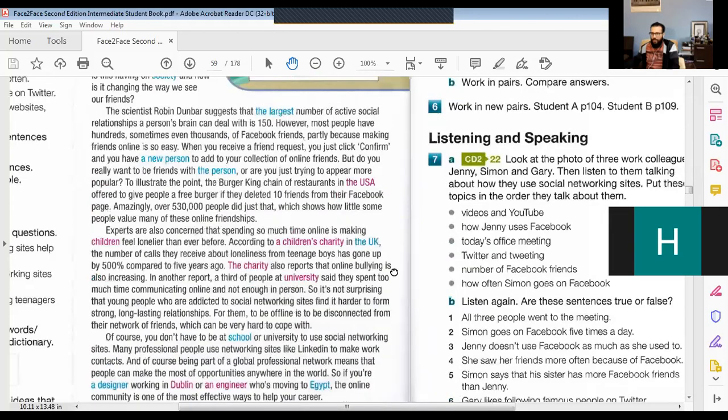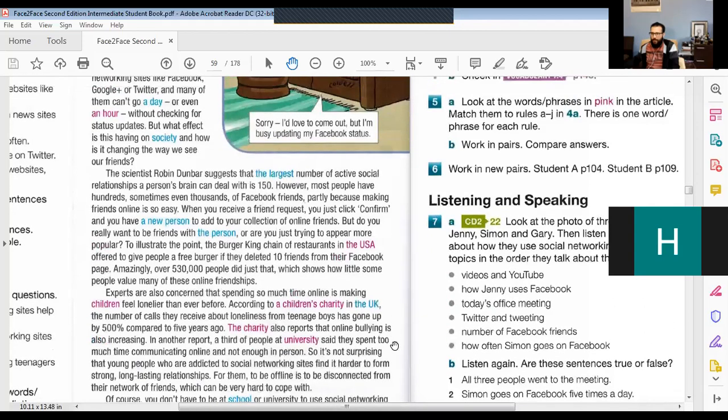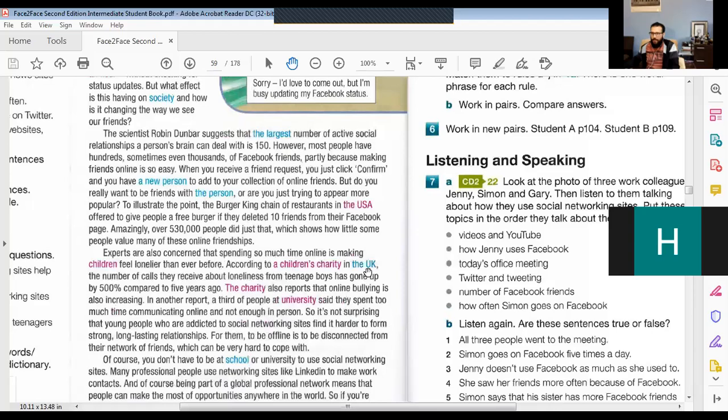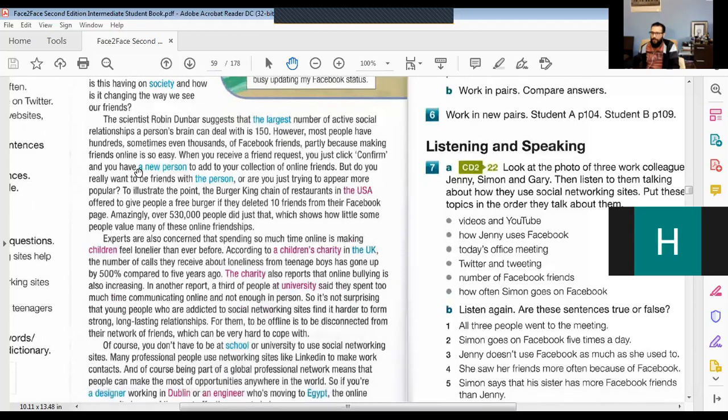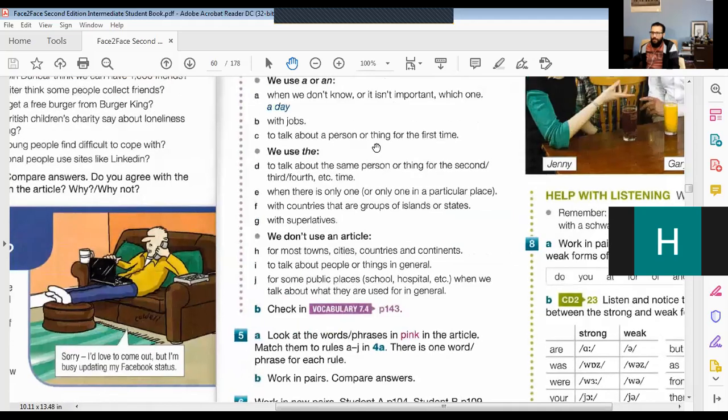Can you find any jobs here? Let's start from the beginning. Yes, there is a new person. A new person. Okay, so what is this? Is it a job, or is it talking about a thing or a person for the first time? Thing for the first time. Yeah, first time. Okay, that's correct.